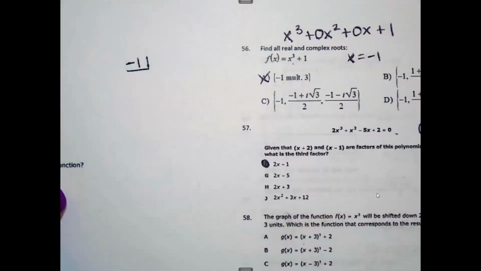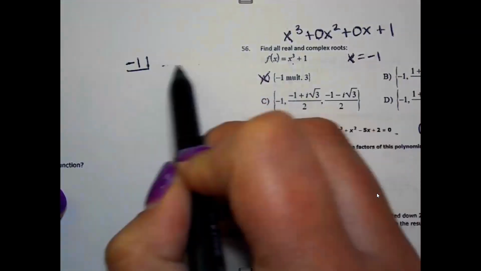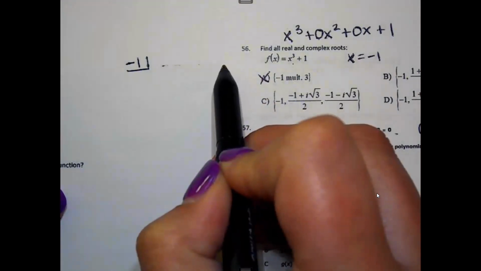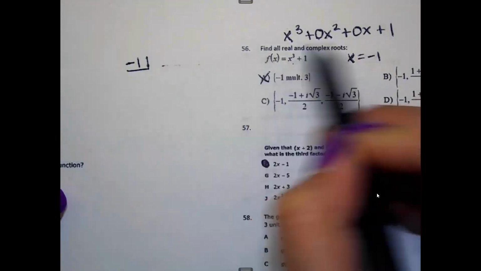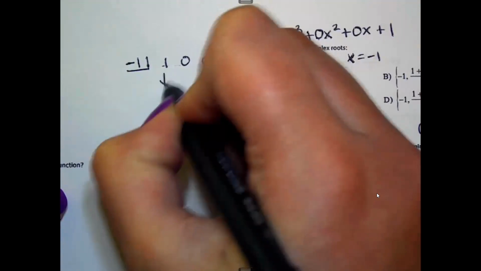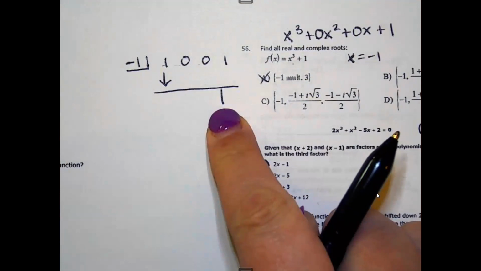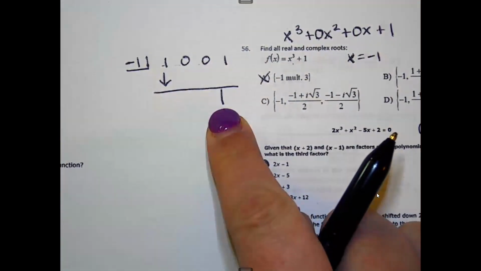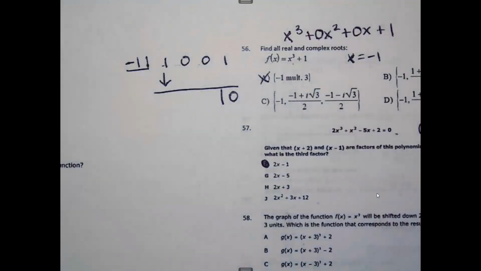So I have to have all of my exponents represented. -1 goes in the box. And then what should I be writing here? Anyone remember? Yeah, 1, 0, 0, 1. And then does anyone remember what the remainder would be? It would be 0 because this is an x-intercept, which means that as a factor, it would divide evenly.